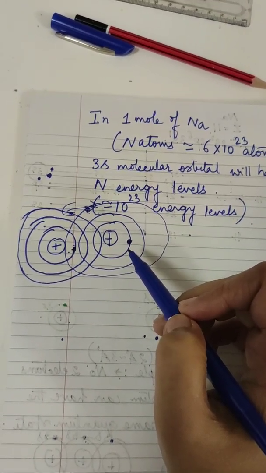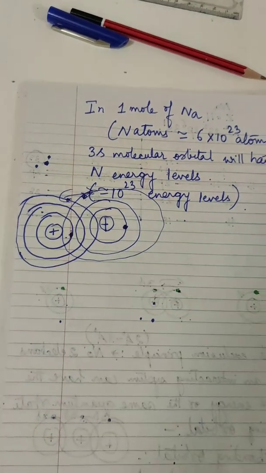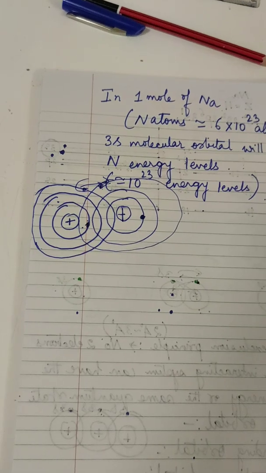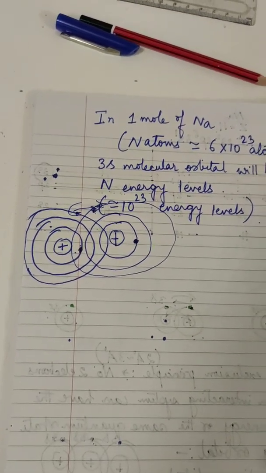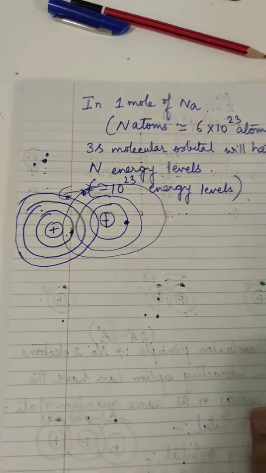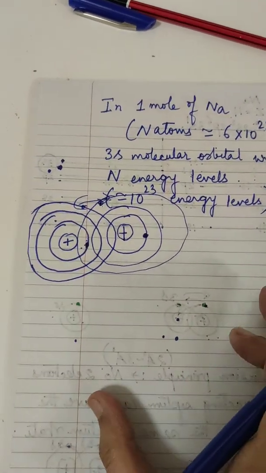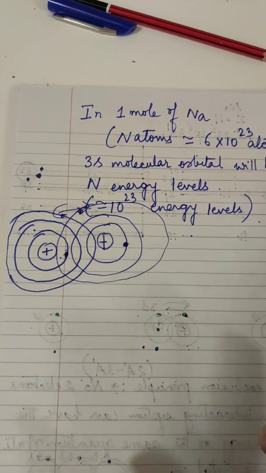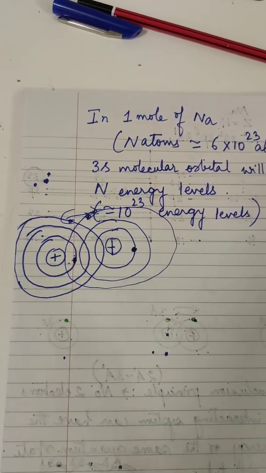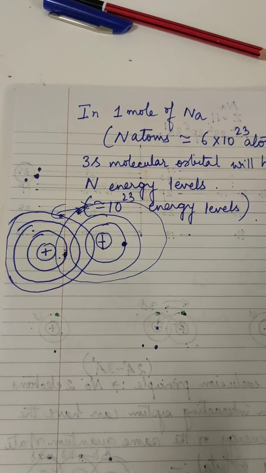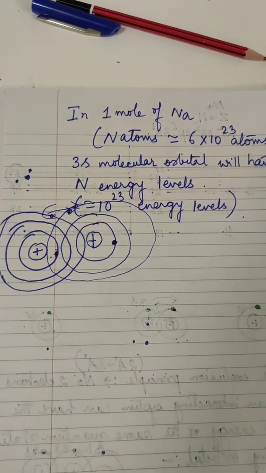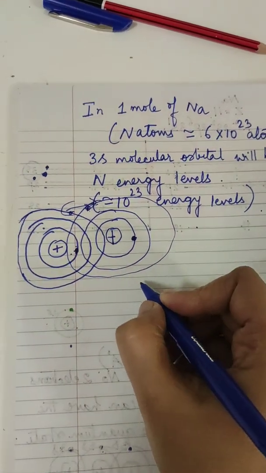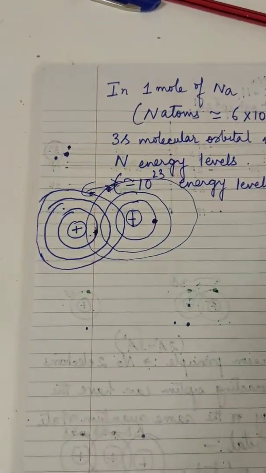Of course, their energy levels get split, but when the distance between the atoms becomes still smaller than the lattice constant. Lattice constant means when atoms come closer together to form a crystal, there is a minimum distance between the molecules forming the crystal.